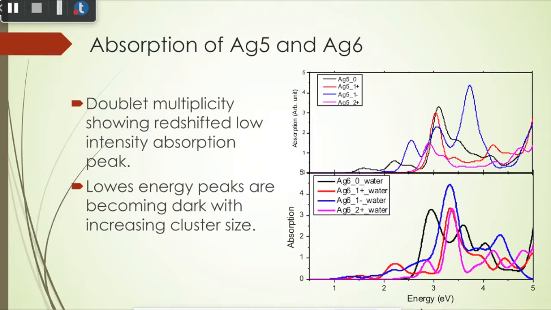I'm showing the neutral, +1, -1 and +2 because I'm showing how it changes with the oxidation state. So the oxidation state determines the shape of the absorption peak and its intensity too. If we look at this one, in the doublet, the first peak is high intensity in silver 0 and 5 1+.